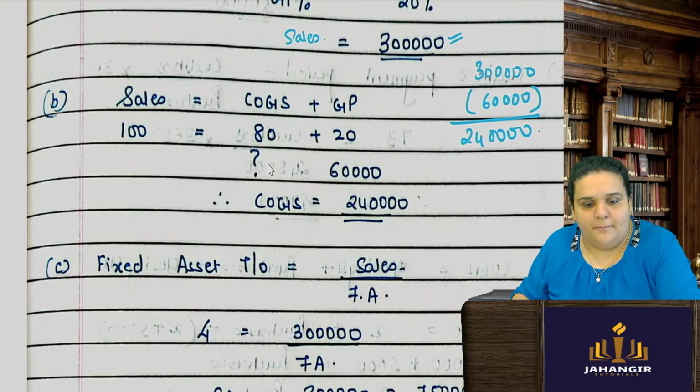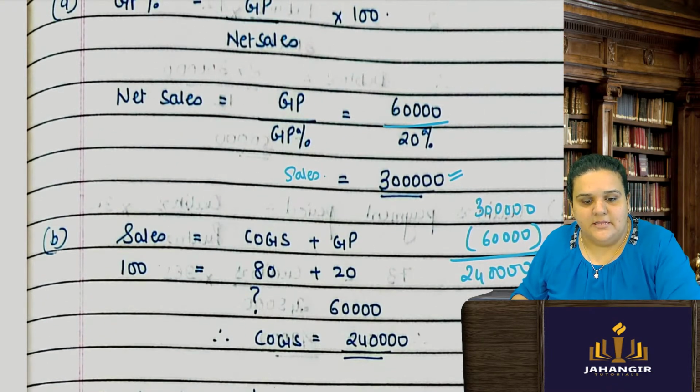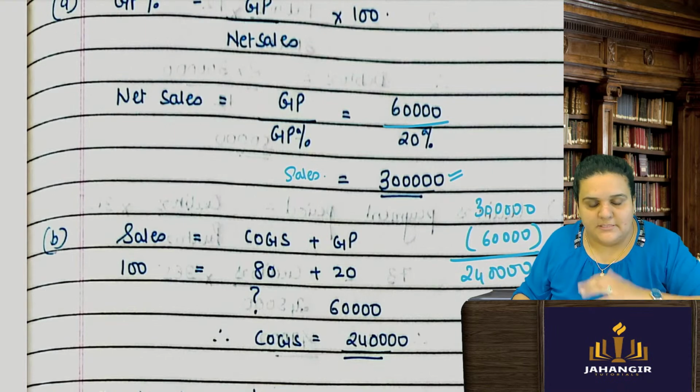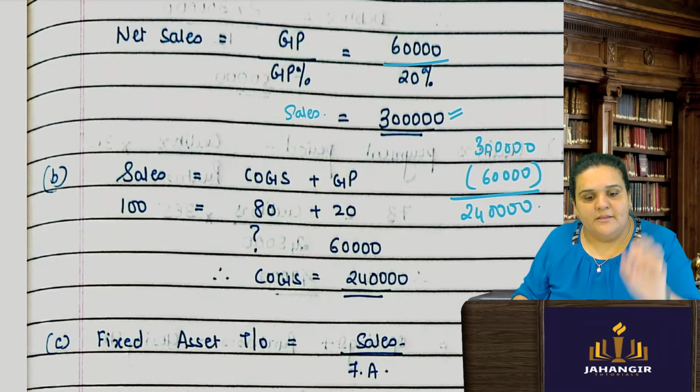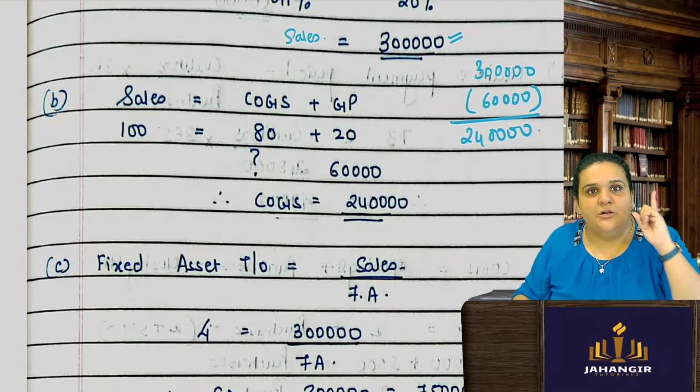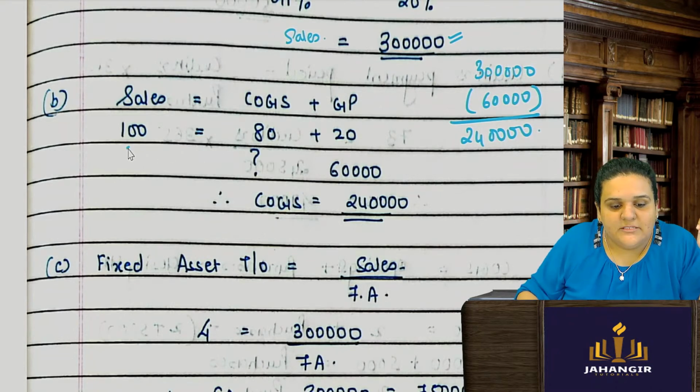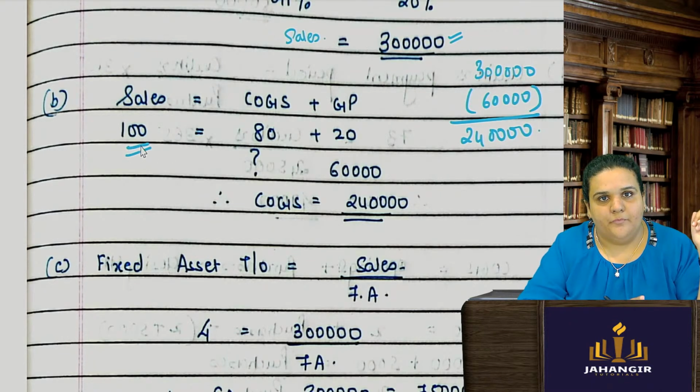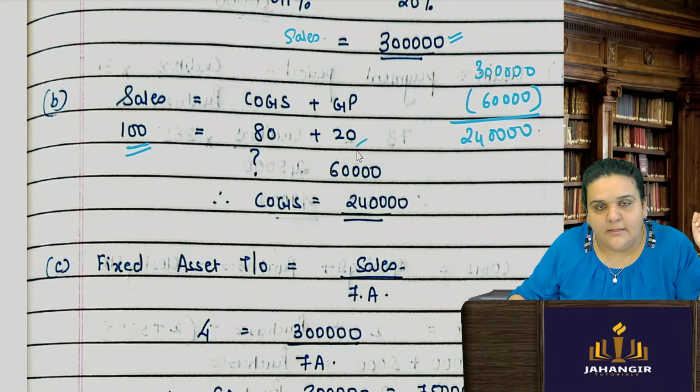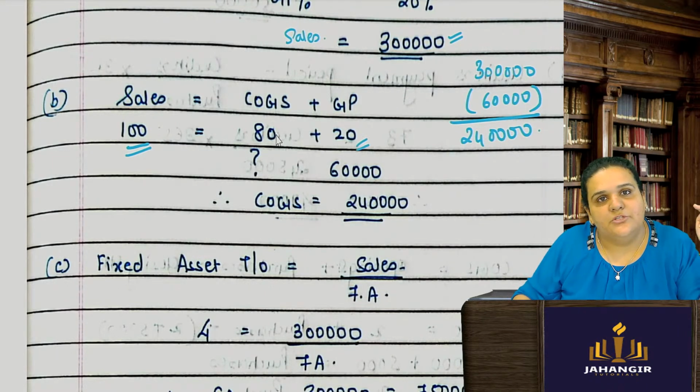According to my sum, my gross profit margin is 20% of sales. Whenever they give you gross profit as a margin of sales, assume your sales to be 100. Gross profit is 20. Therefore, automatically your COGS will become 80.